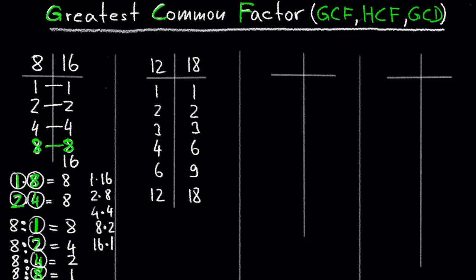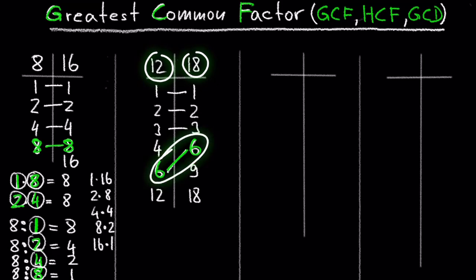Which factors do we have on both sides? The 1, the 2, the 3 and the 6. And the last step is to choose the greatest of all these common factors, which is 6. So the greatest common factor of 12 and 18 is 6.